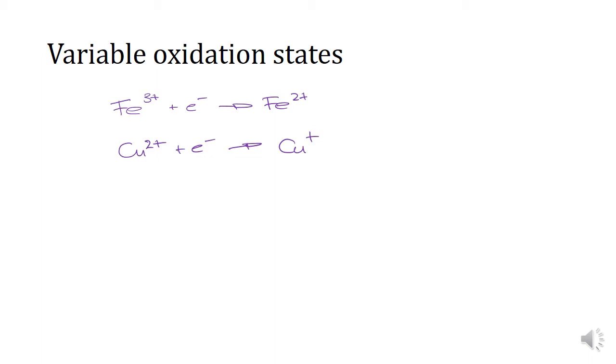There is a table in the data book that has the common oxidation states for the transition metals. You're not expected to know these off the top of your head. You're expected to know that these can have variable oxidation states, but you're not expected to know exact numbers.